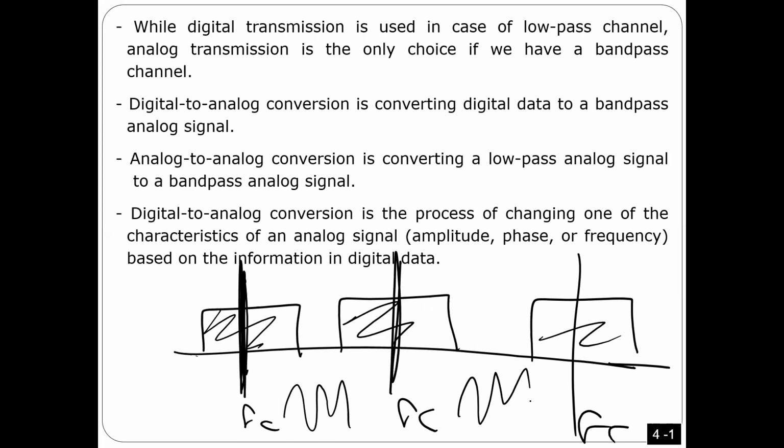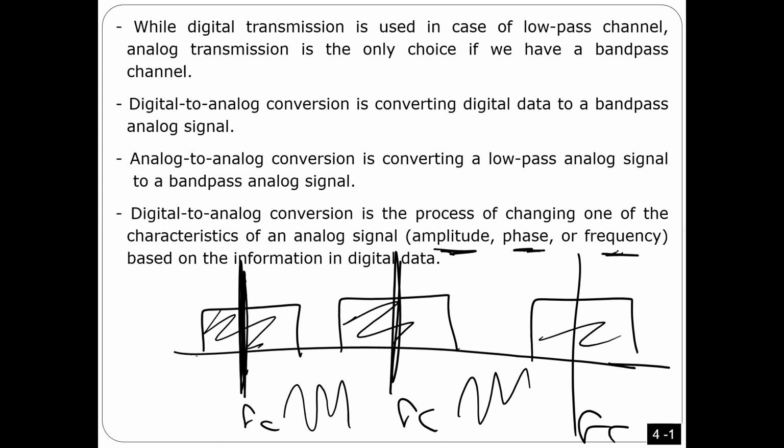When you do this modification, I'm going to teach 3 different approaches. For any sine wave, you have amplitude, phase, and frequency. These are the 3 main characteristics of any sine wave. In all approaches we agree we're going to use a carrier frequency, which is the frequency in the middle of the band, and then modify it based on your data, 0 or 1.